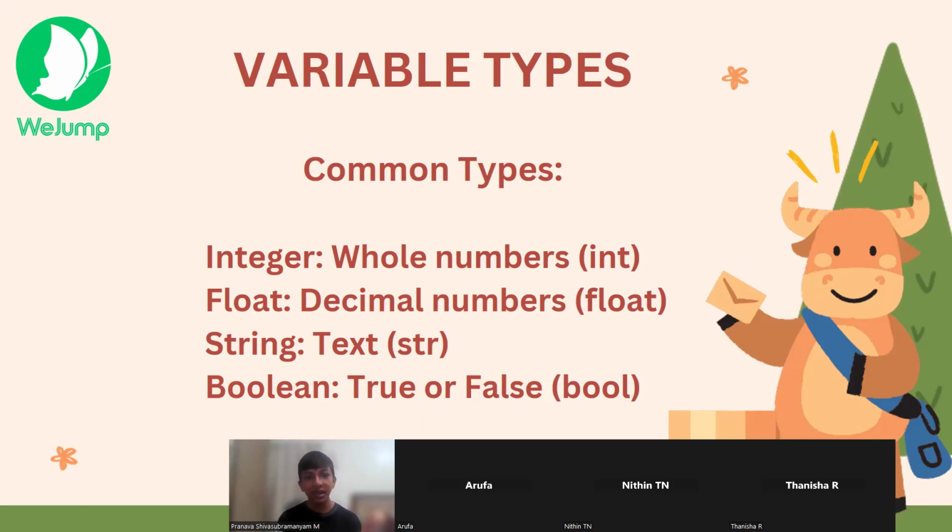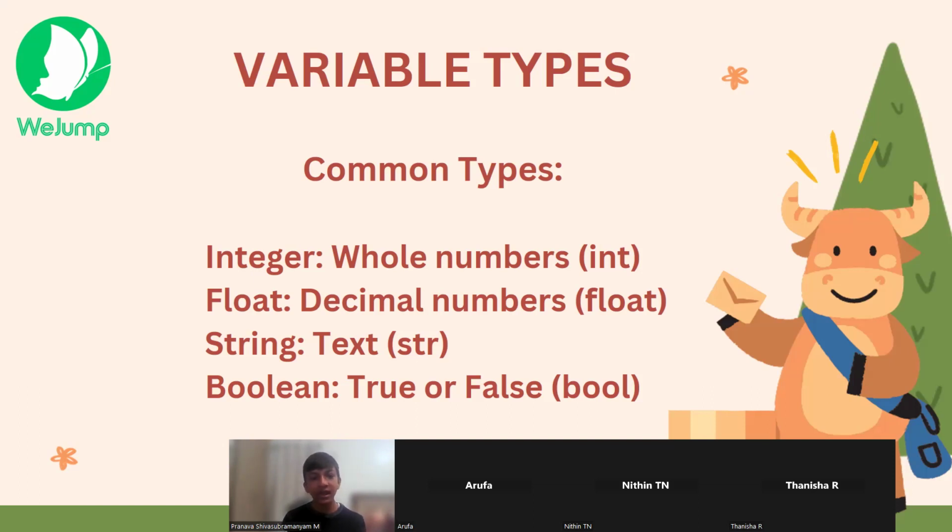Text means something like hello, what's your name, or the name of something. That is stored as a string. And Boolean means true or false. You may have doubt about what Boolean is now, but later on you will get to know. You may think how true and false can be stored in a variable, but it can.